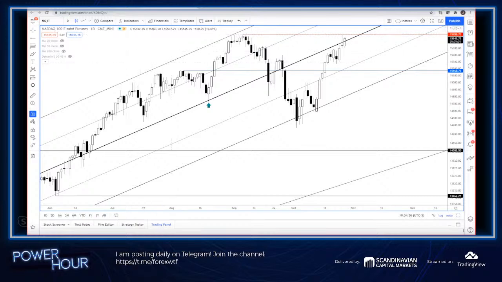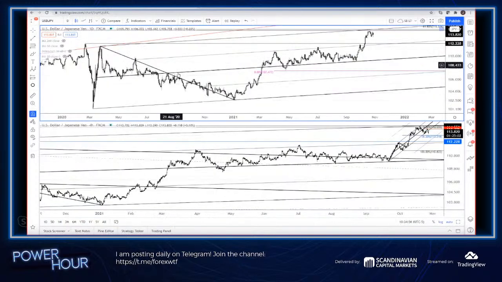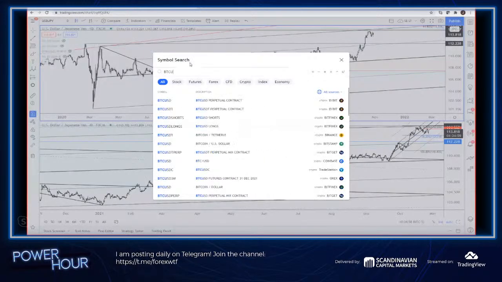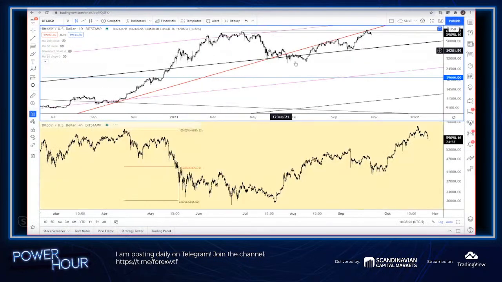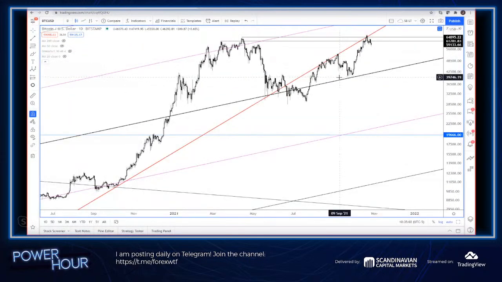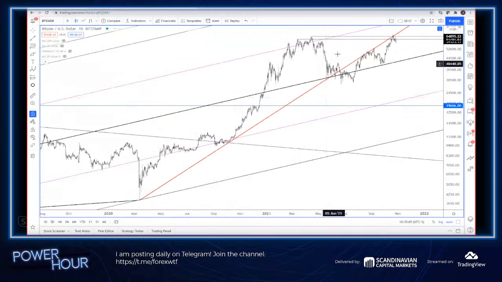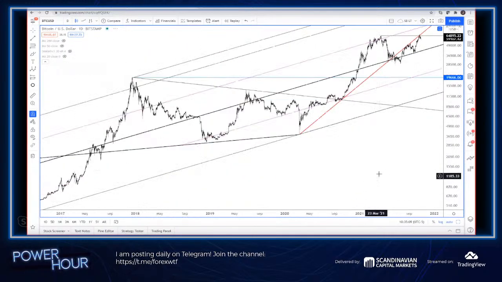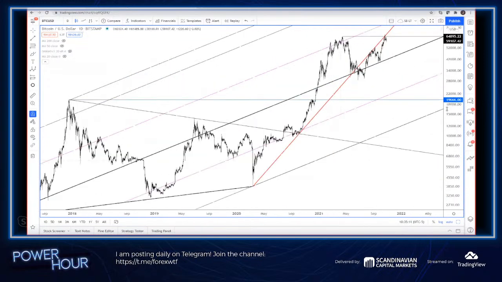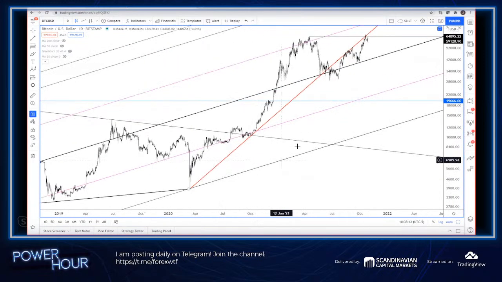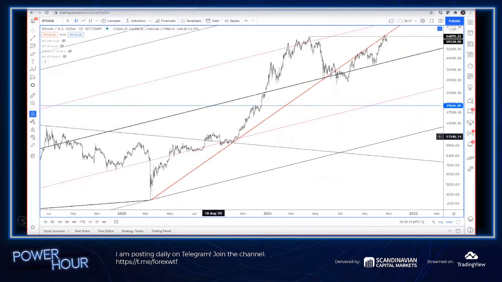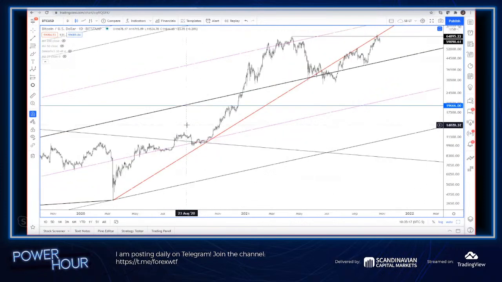Okie dokie. So, we should probably take a look at Bitcoin. Just always love to look at some Bitcoin. And man, for me, I know that Bitcoin is all the rage and all that, but this just looks dangerous as hell to me.